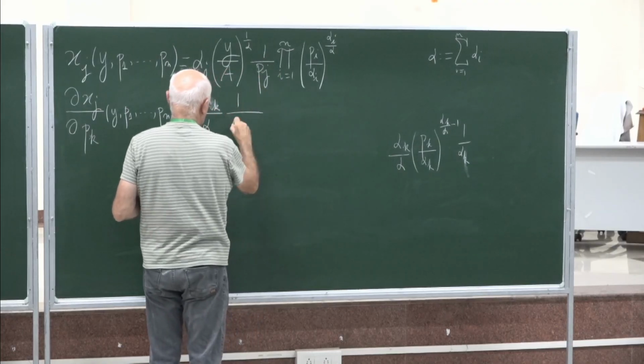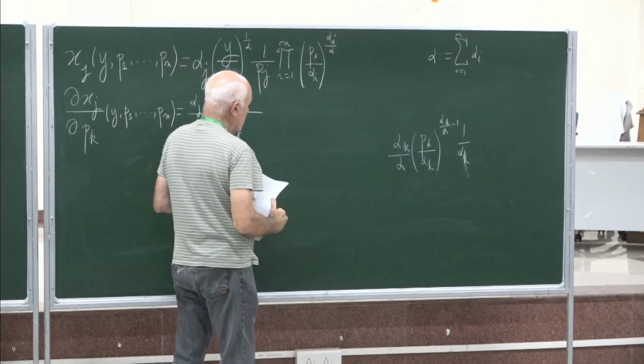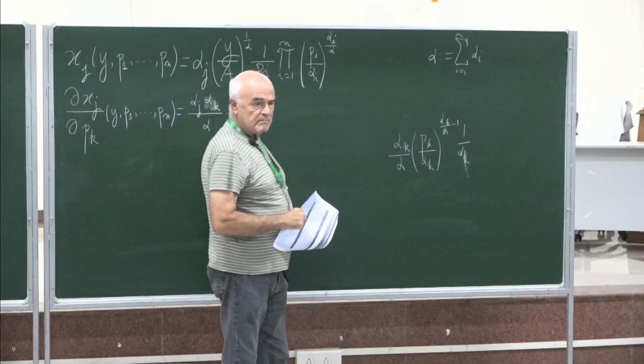Here I had 1 over p_j, and now I have 1 over p_k.